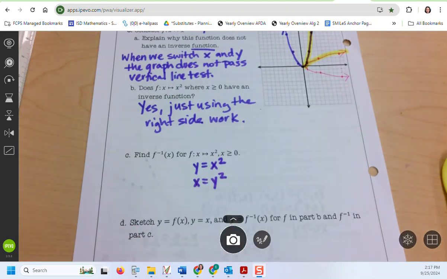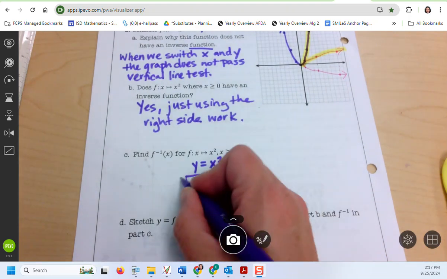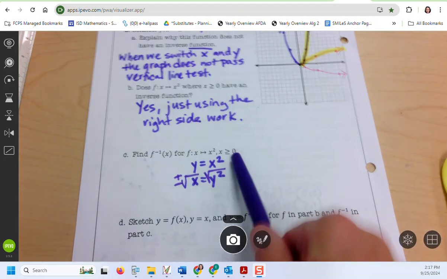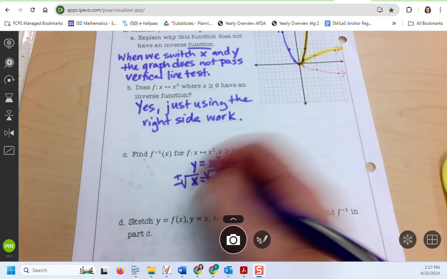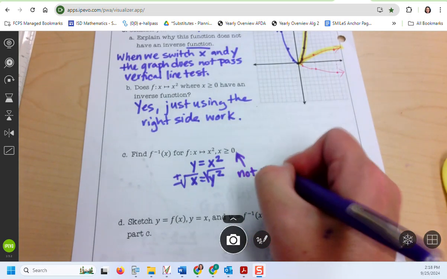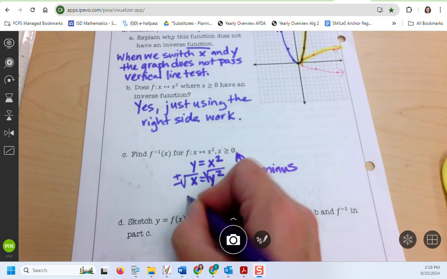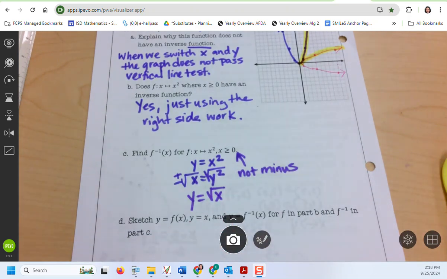And then how do I solve for y? Square root. So normally, we would square root both sides and we would do a plus or minus. However, we're only using x greater than 0, so we don't use the minus. Okay, so we just have y equals the square root of x. We're only using the positive side because we limited our domain.